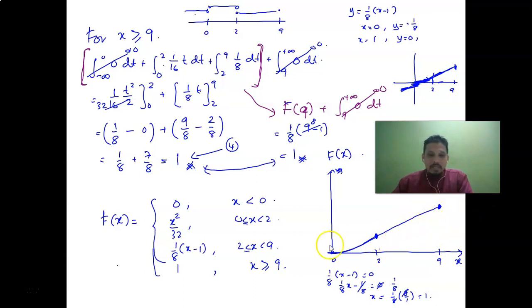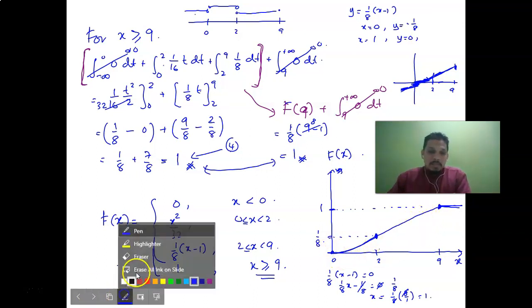And then finally, f(x) equal to 1 for x greater than or equal to 9. Meaning here this is y equal to 1 and this is equal to 1 over 8. Okay, so 3 different functions combined together.